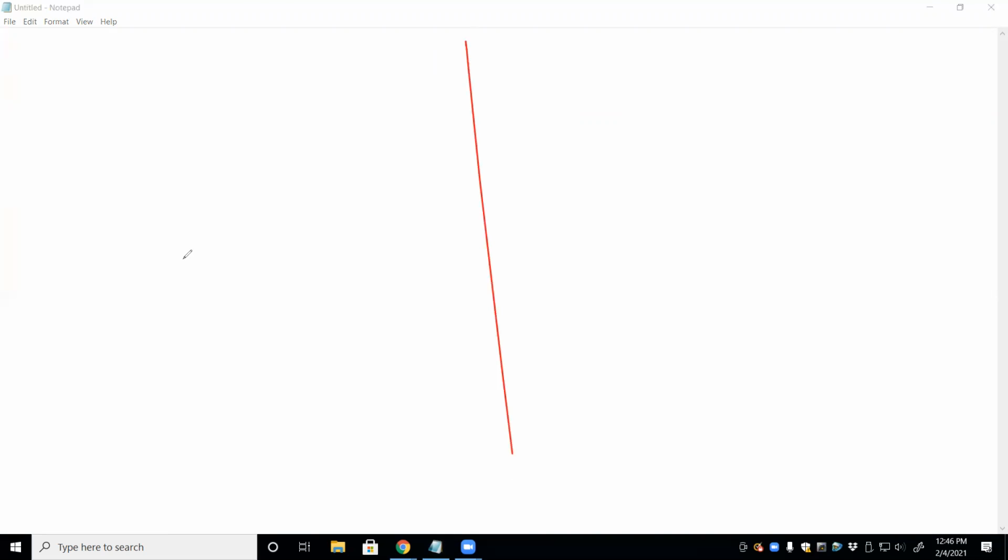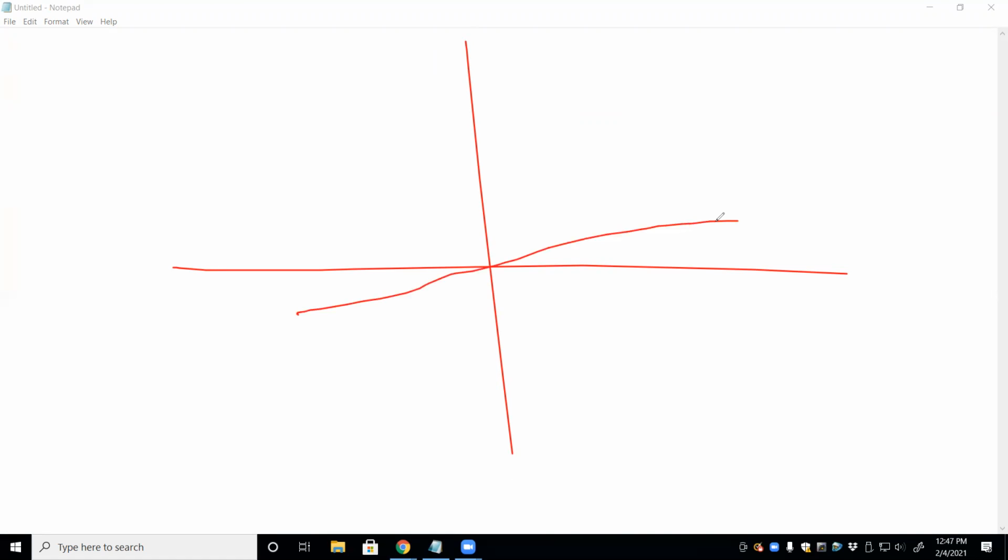I can draw the tangent curve really easily. Drawing the inverse tangent curve is a little harder. I guess it's going to look something like this. Yeah, where this would be minus pi over 2.